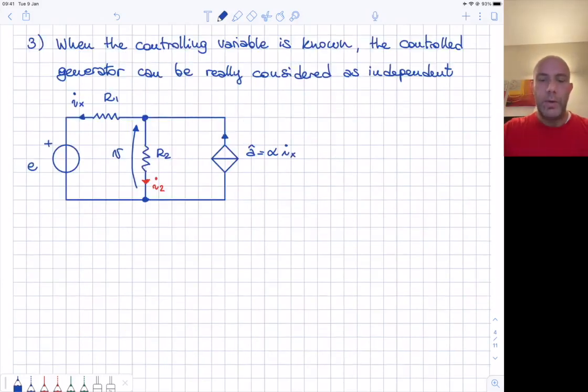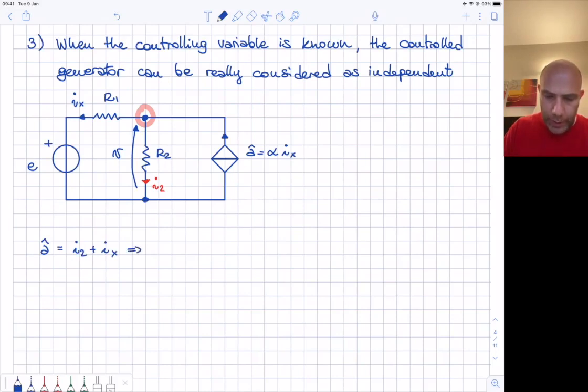Now that we have calculated the controlling variable, the control generator can be really considered as independent, and so we can calculate the unknown of our problem. In this particular exercise, we have to calculate I2, and so if we apply the Kirchhoff current law to this node, we can say that the current supplied by the current generator equals I2 plus Ix.